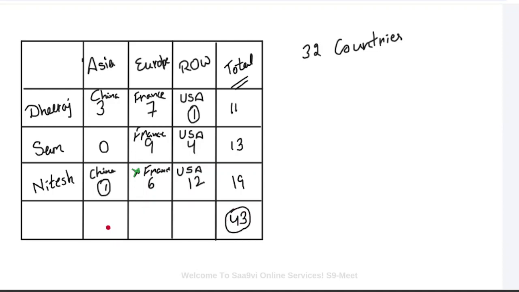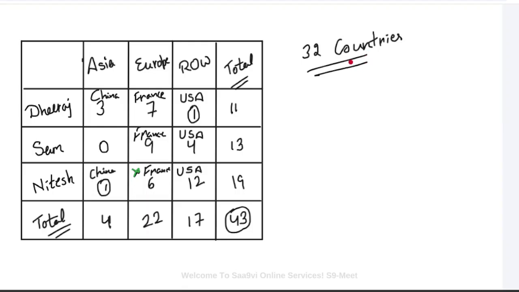And if I talk about the number of countries, not unique, but the number of visits, I should say. So in Asia, we had total 4 visits. In Europe, we have 7 and 9, 16 and 6, 22. And in US, rest of the world, we have 1 plus 4, 5 plus 12, 17. So this all make 43, but we have the number of countries 32.